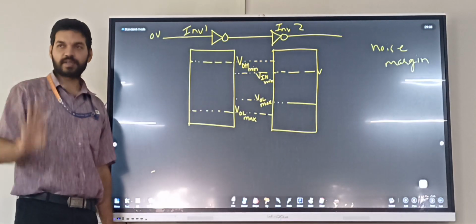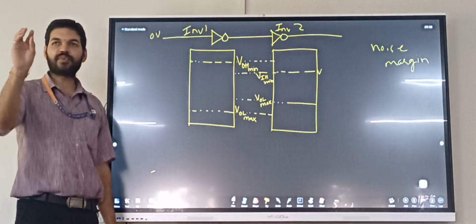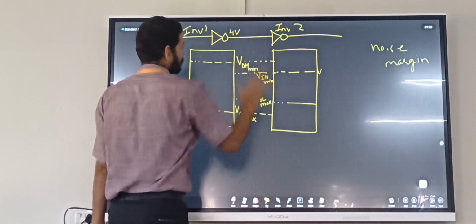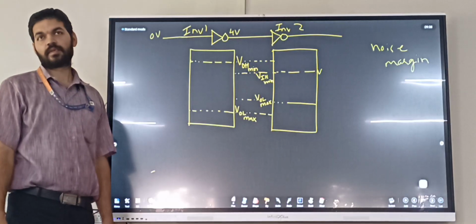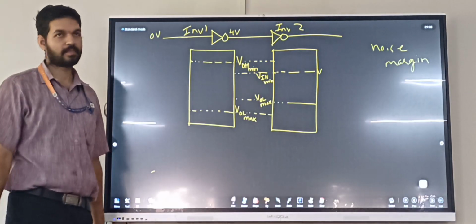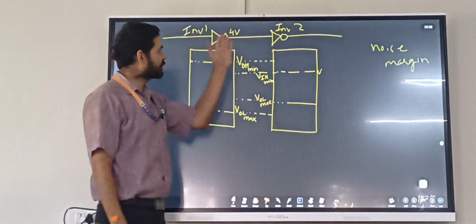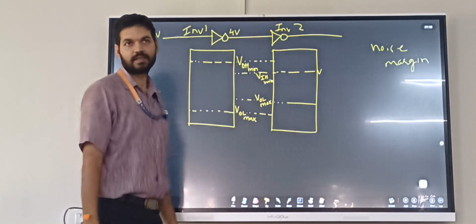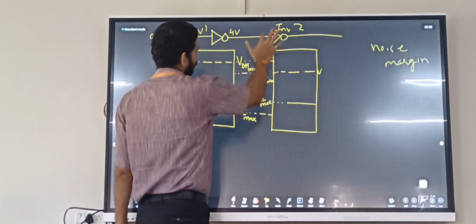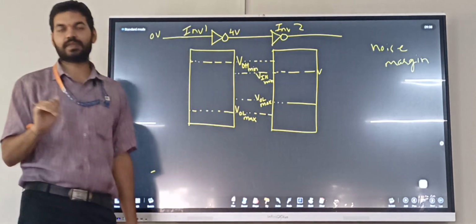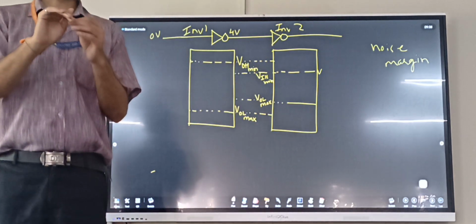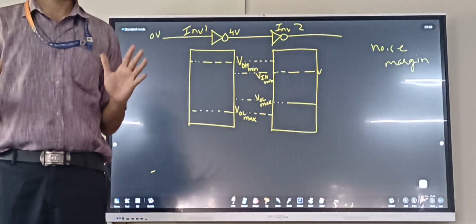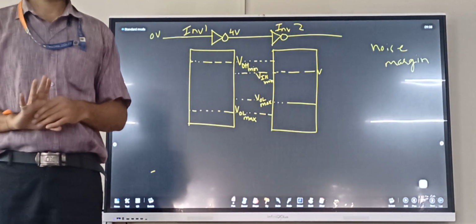Due to some fault, I am getting an output of 4 volts. Now this 4 volts is going to the input of the second inverter. What should it consider the 4 volts as, high or low? It will consider it as high.